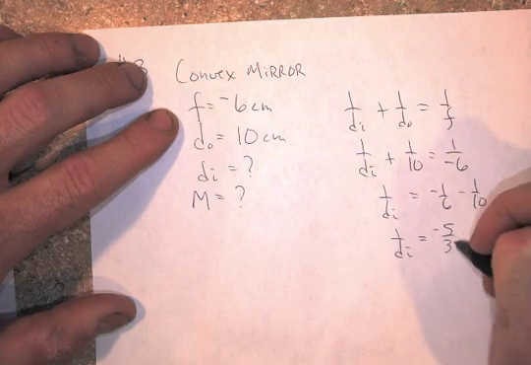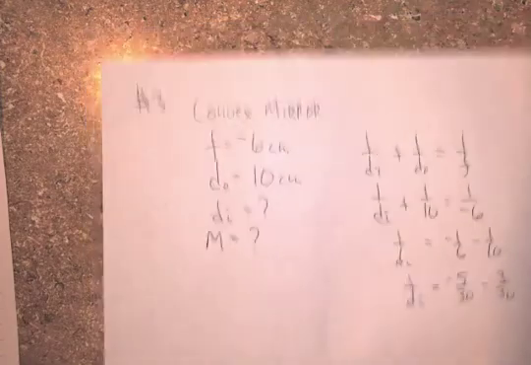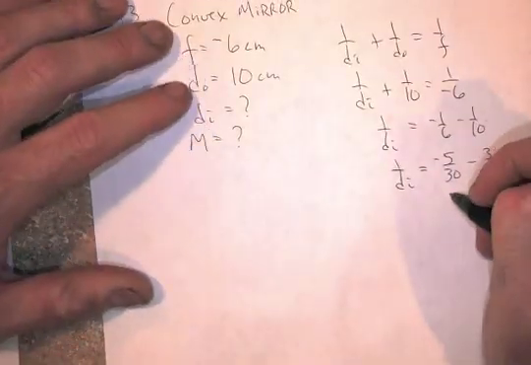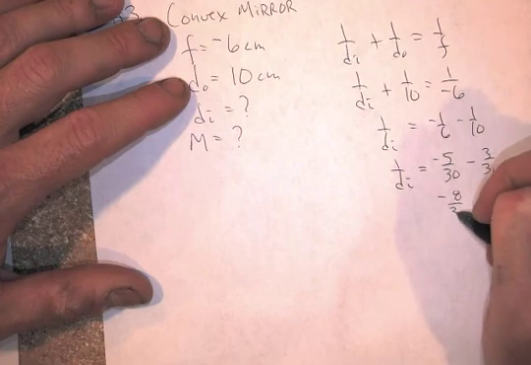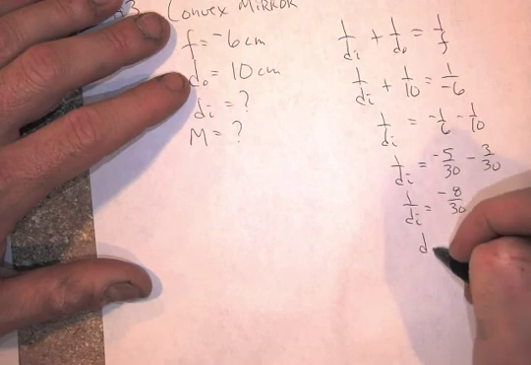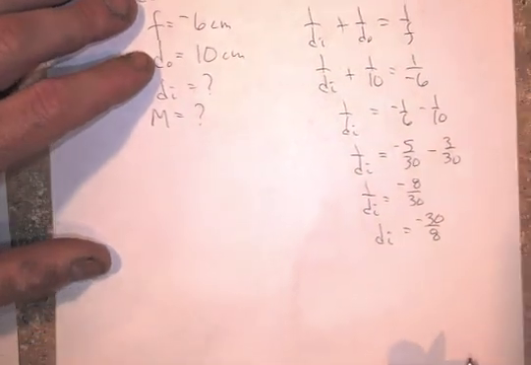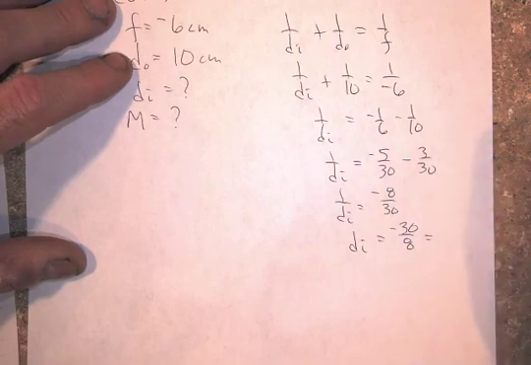Let's see, what was it? Negative 5/30 minus 3/30. Okay, talking negative 8/30 is 1 over di. So flip it. If you want to say di, it's going to be negative 30 over 8, which is what?